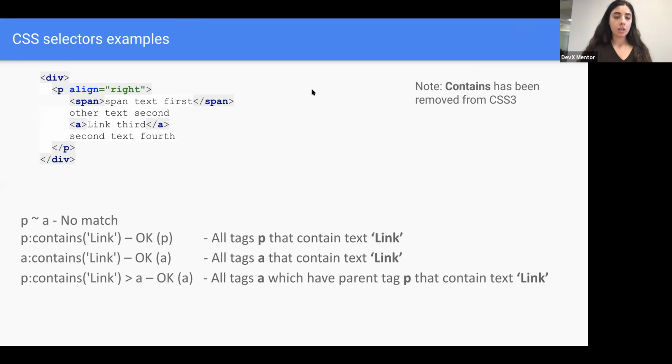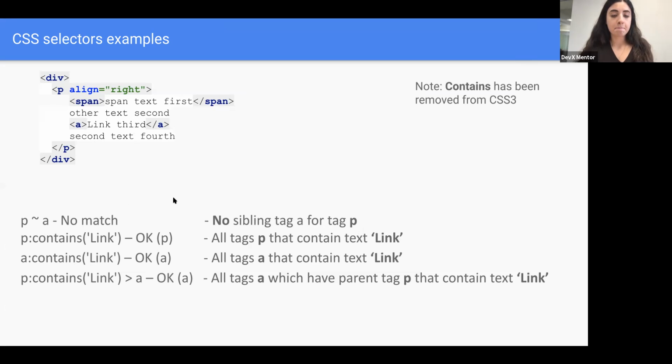Okay, so there's not going to be a match because there are no sibling tag A for tag P. There is no siblings for tag P. The second one is going to be all text P that contains text link, and it's going to return P since P contains A. Then all text A that contains text link. Also, it's going to return A.